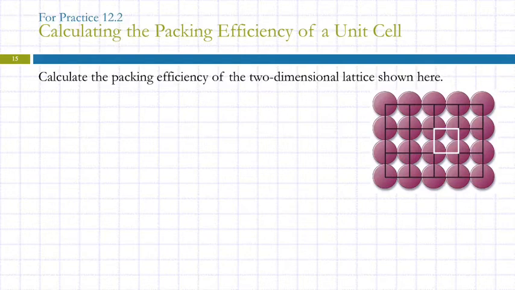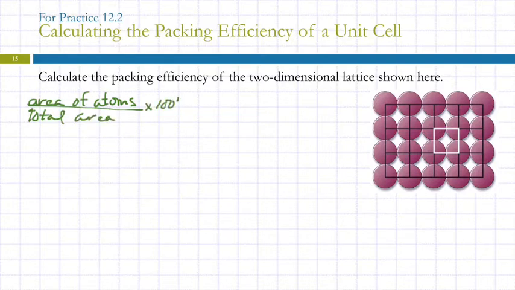For packing efficiency, here we're talking about area instead of volume. So the efficiency is going to be the area of the atoms divided by the total area, times 100 to make it a percentage.